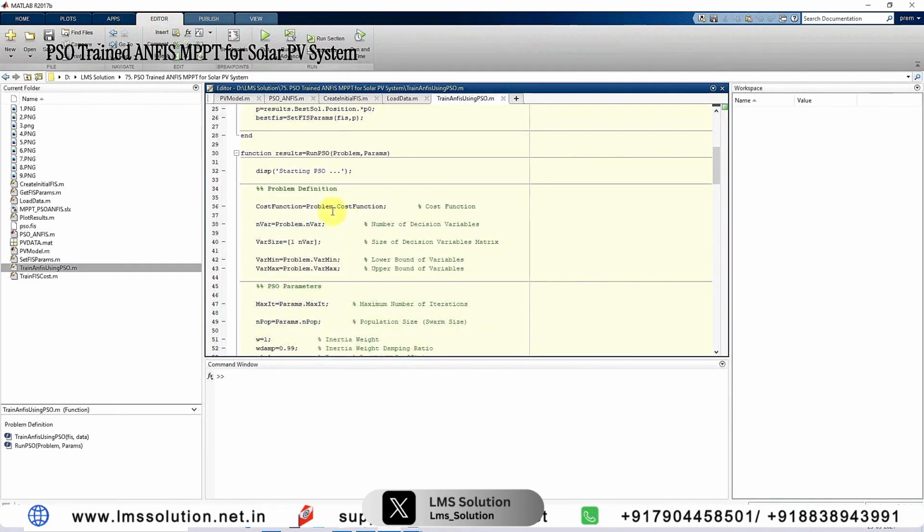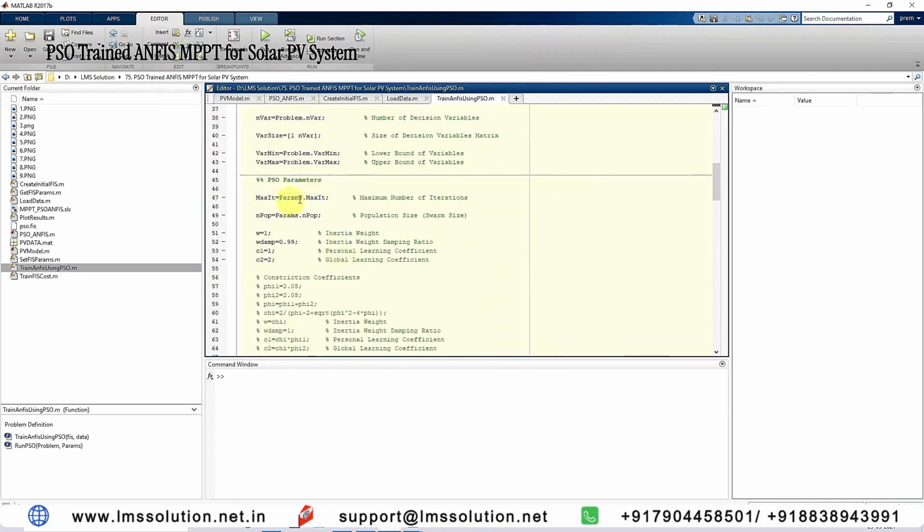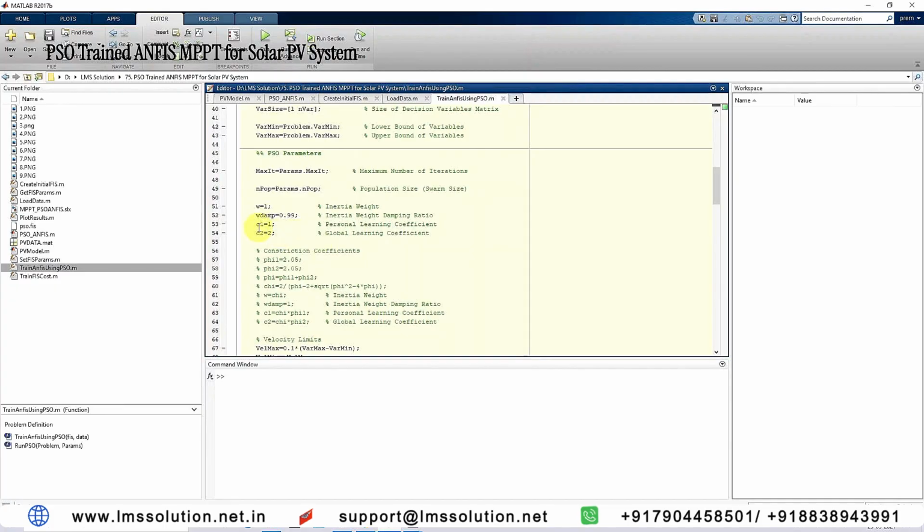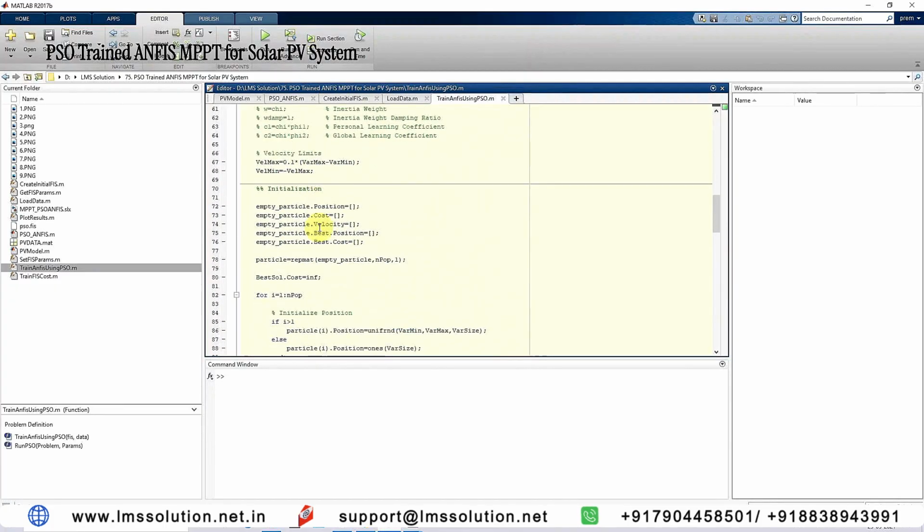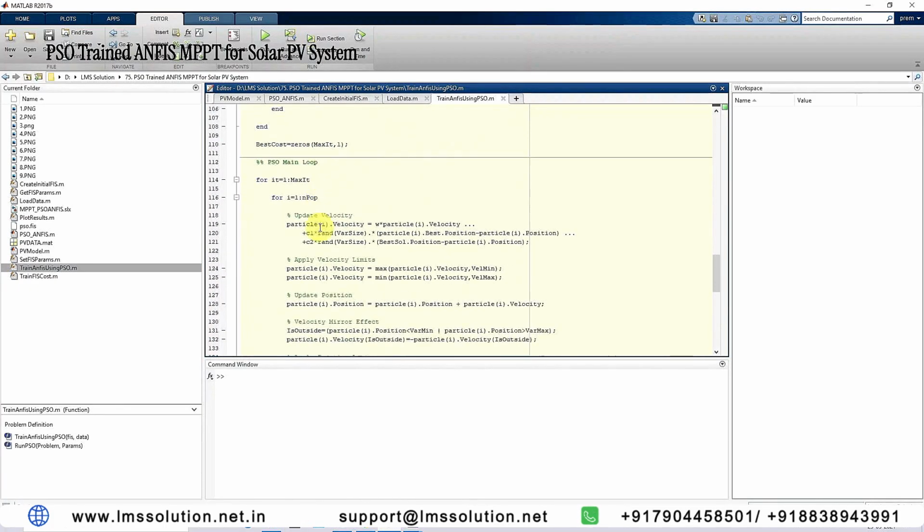Here we have to call the cost function, number of variables, variable minimum and maximum value, maximum number of iterations, number of population, and then C1, C2, W. This is the program for the particle swarm optimization. Here we are updating the velocity of the PSO by using the PSO equation.